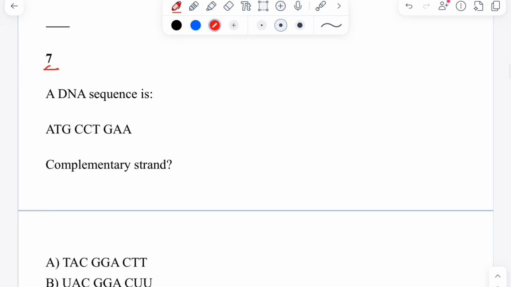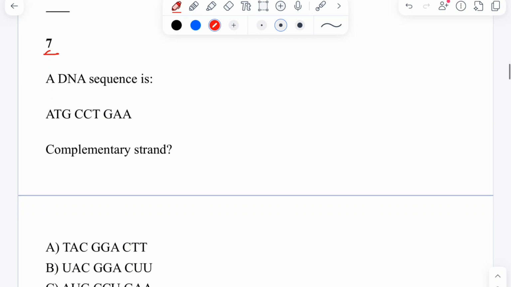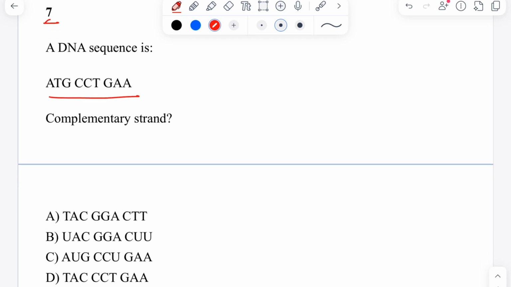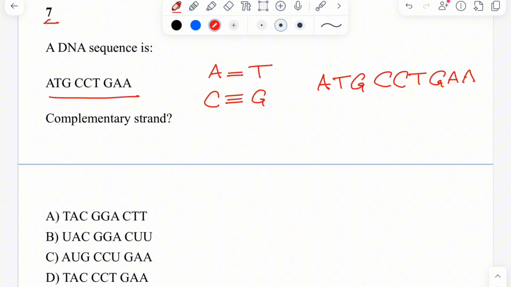7th question. A DNA sequence is ATG, CCT, and GAA. What is the complementary strand? So, we should remember that A forms a double bond with T and C forms a triple bond with G. So we can write here ATG, CCT, and GAA.